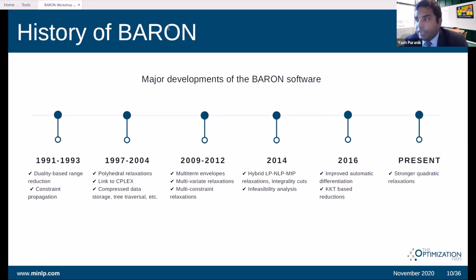So a lot of the research work done at the time was around building convex relaxations for, say, multilinear terms, where you're not just considering a term like x times y, but you might be considering x times y times c times a times b times c, for instance, and build a convex relaxation for the entire term at once, or going beyond just single variable relaxations and going into multiple variable relaxations and so on.